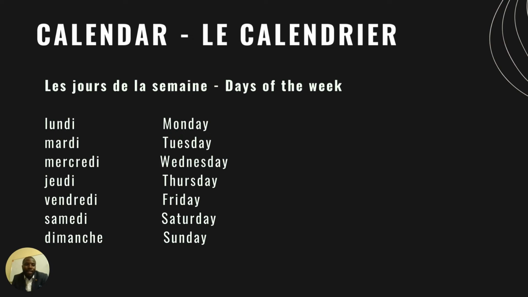So le now becomes les to agree with the number of the noun. De la means of the. Because la is a definite article which translates to the. So it's literally the days of the week. Les jours means days, and semaine means week.